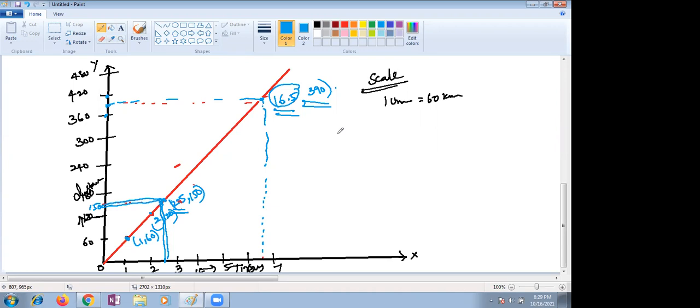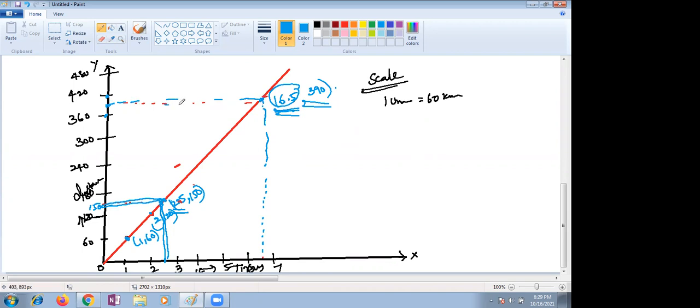Any doubt here, children? Yes, please. Ma'am, I think it won't come as a perfect line. I think we should go from one point to another point. We have to draw like that, I think. Now in your graph, whatever the questions are asking, 6.5 hours means where it is exactly matching.